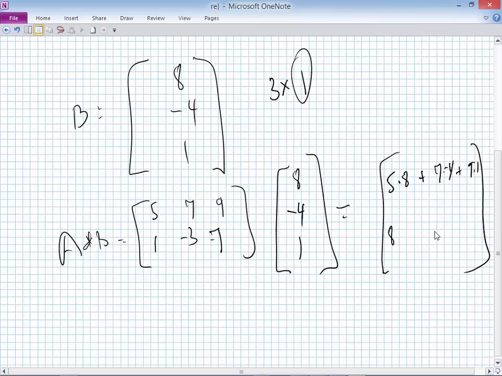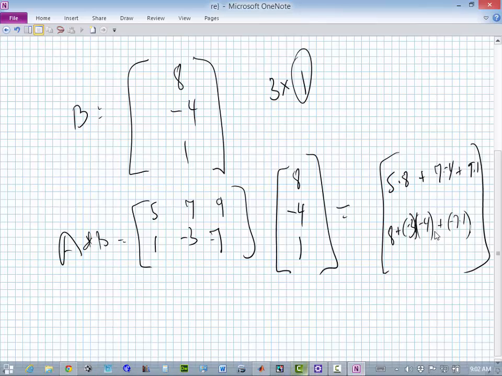So 8 plus minus 3 times minus 4 plus minus 7 times 1. And whatever that comes out to be, I'm not going to do it by hand, but we would add that up. That looks like this. But in MATLAB, we just simply stick them in there and say multiply. It's very straightforward.